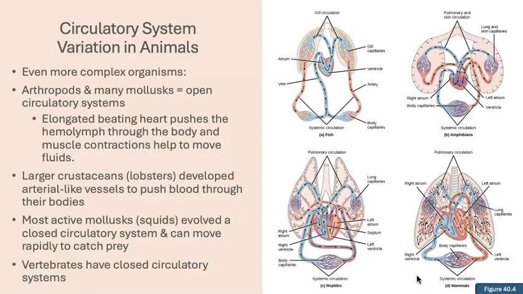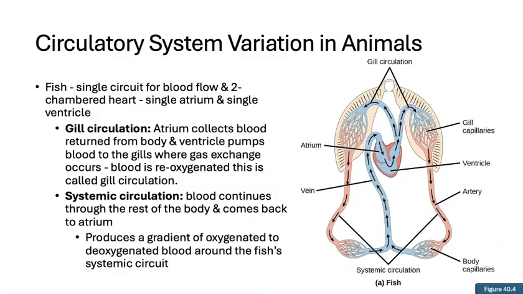And as I mentioned before, our vertebrates are going to have closed circulatory systems. And us being vertebrates, you can think of our circulatory system being very similar to theirs, to other mammals, I should say. Now let's take a look at the circulatory system of a fish.